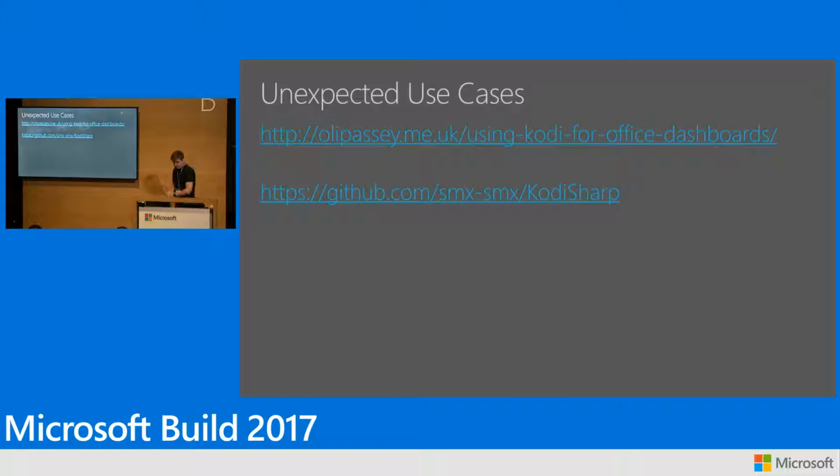Okay, and some crafty users have found some really fun use cases for Kodi. The first link here is a guy in the UK who figured out that he can use Kodi to view his office dashboards with his metrics.